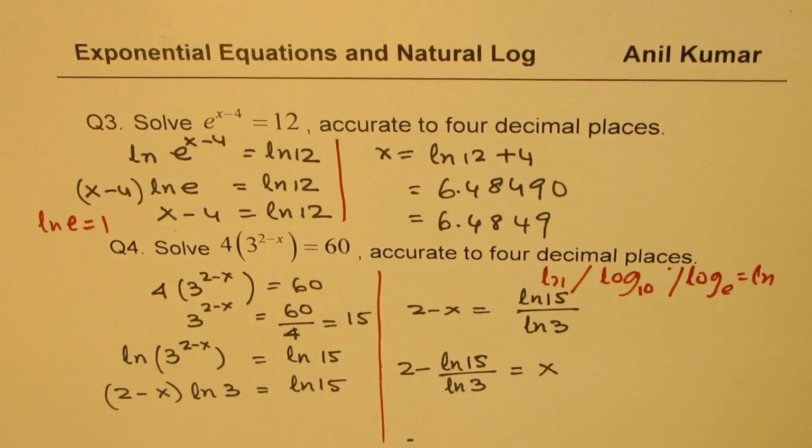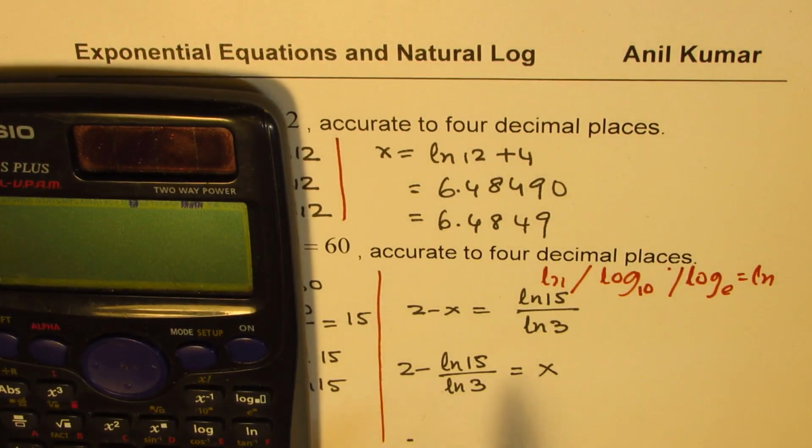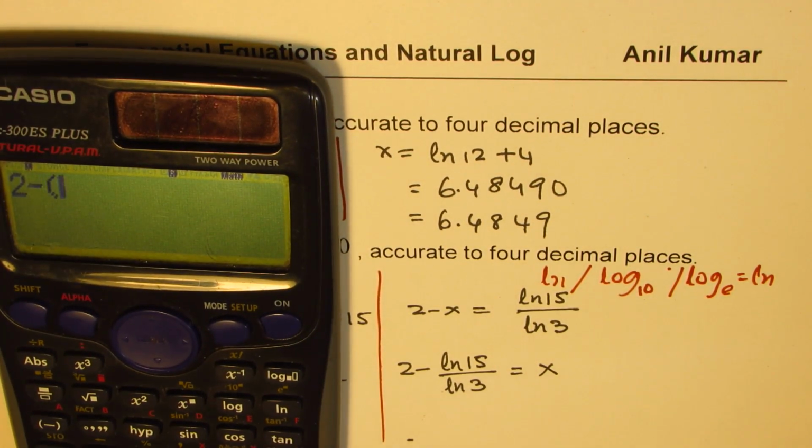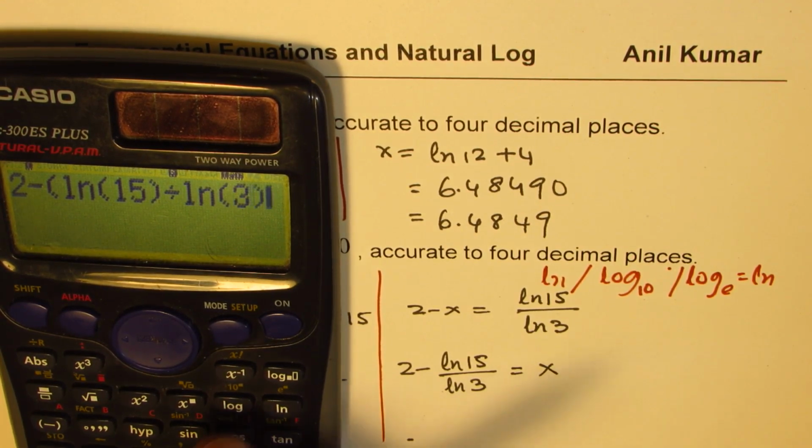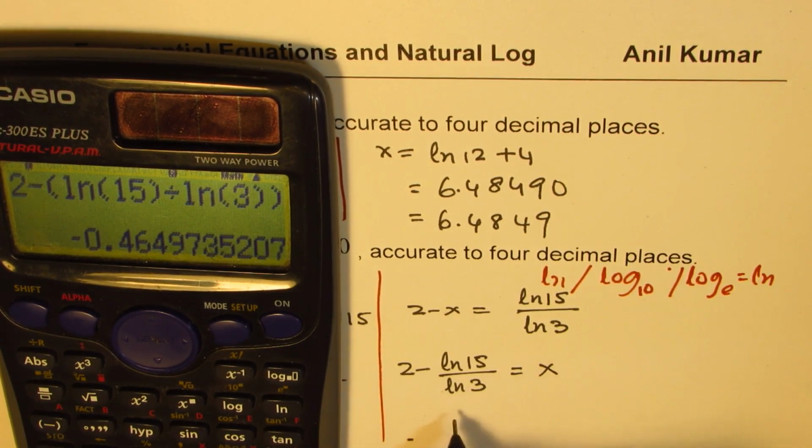So let's do it. We'll do 2 minus, and within brackets ln 15, divided by ln 3, bracket close, equals to. So we get our answer as minus 0.46497 equals to x.